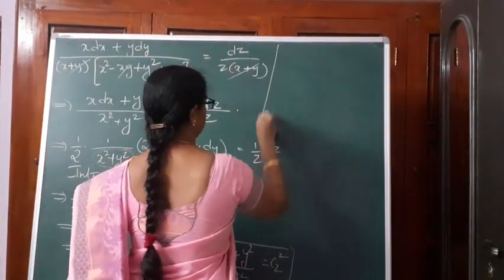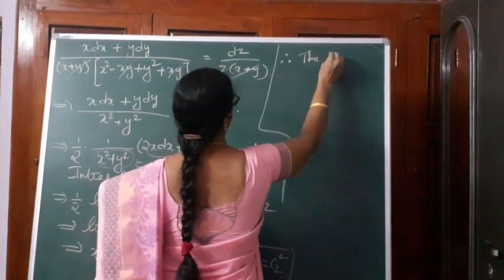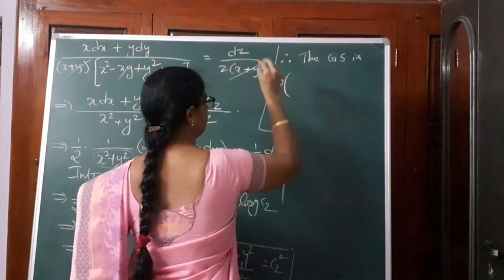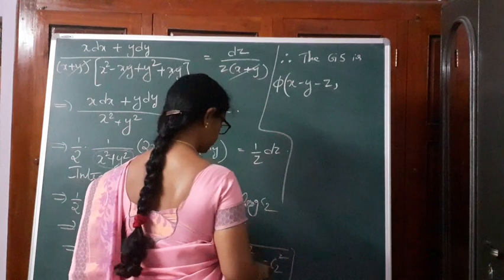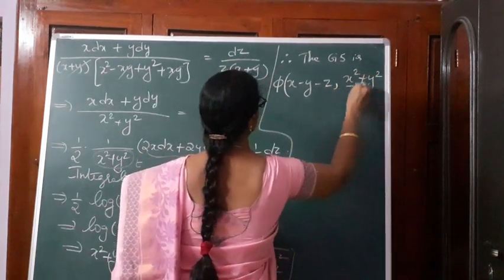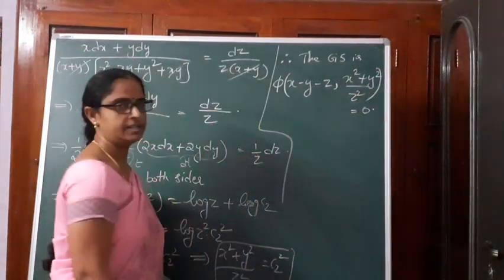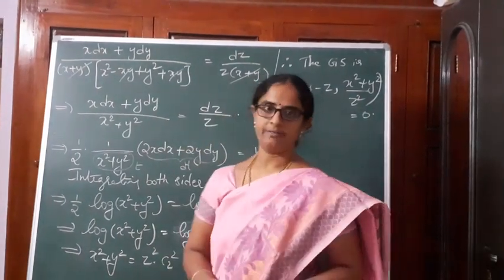Therefore the general solution, so we obtain two independent solutions, and hence the general solution is given by phi of, first solution is x minus y minus z, comma this solution is x square plus y square by z square, is equal to 0. This is the general solution of the given partial differential equation.